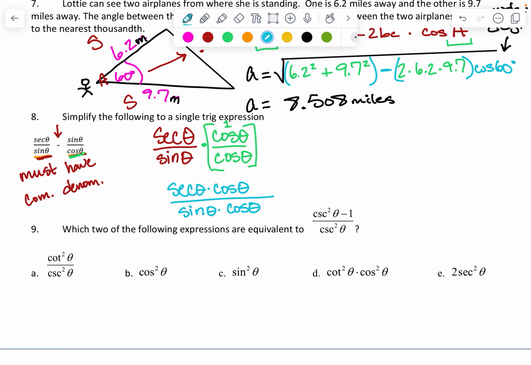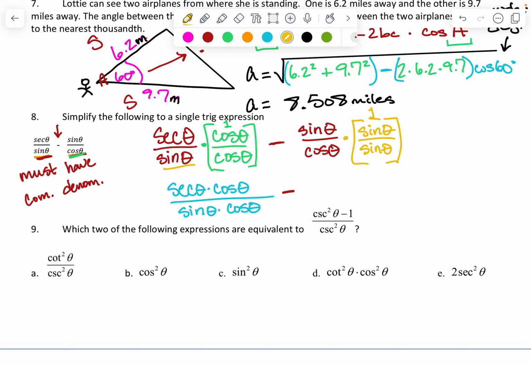For my second fraction, don't forget your minus sign, I've got sine theta over cosine theta, and what it's missing is sine. So I'm going to multiply it by sine theta over sine theta. Again, that's just 1.